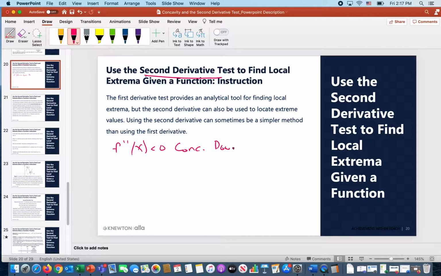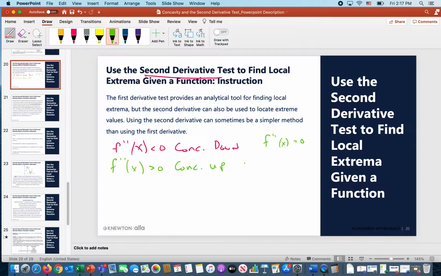Okay. We went in and did a problem where we talked about setting the second derivative equal to zero, finding out those points of inflection, right? So anytime we have the second derivative equal to zero, this is a possible point of inflection. And if there is a change in concavity, then we can identify that point as being a point of inflection.